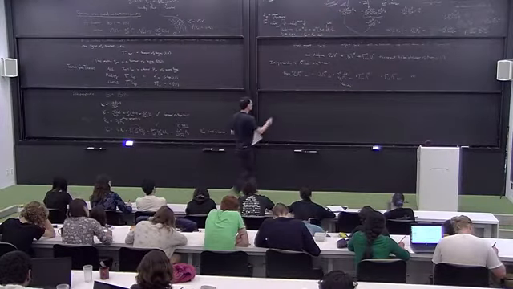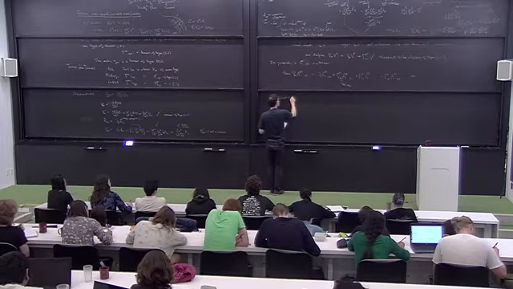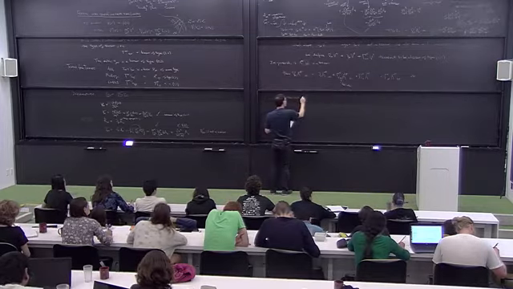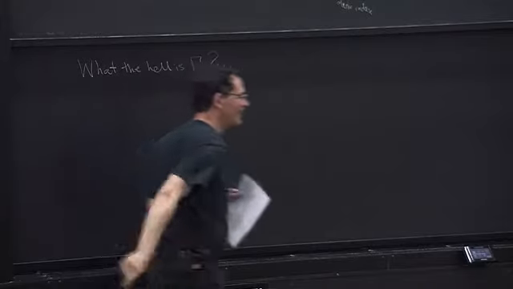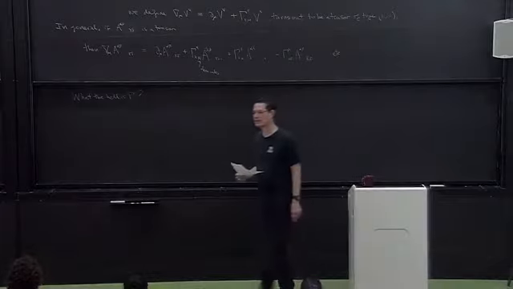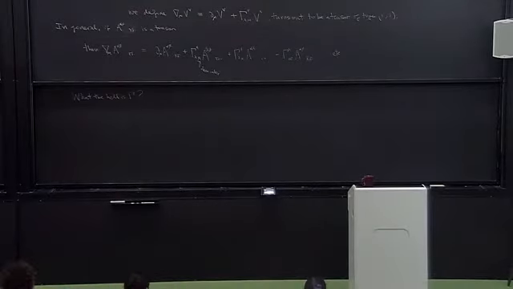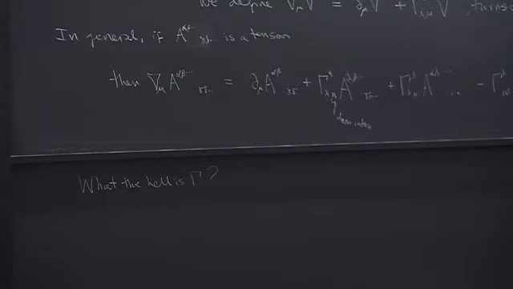Big question, what is gamma? What equation should determine gamma? We know what kind of thing it is, but how do we determine it? It's not a tensor. It's a little bit of a flaky object. How do we determine it?